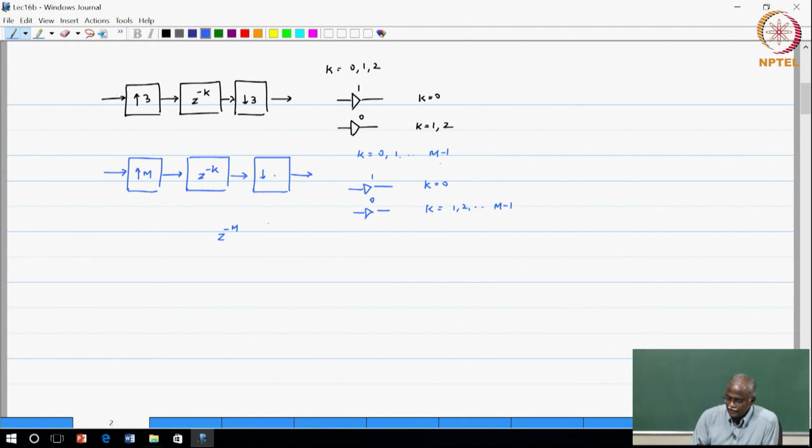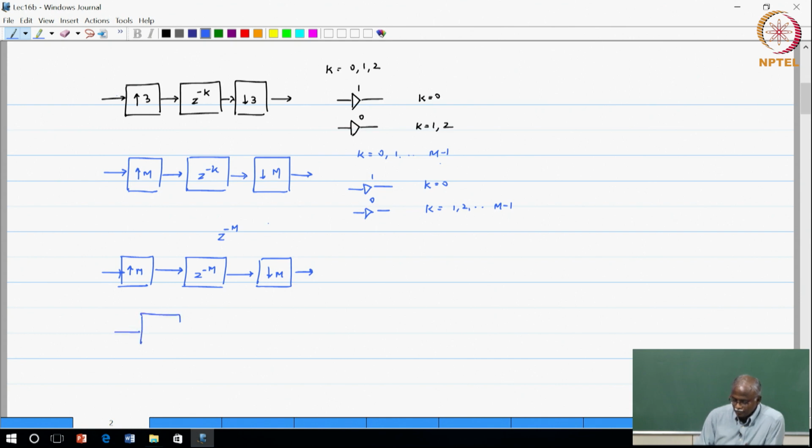So if you had z power minus m, upsampling by a factor of m, downsampling by a factor of m, in that case what we get is z power minus 1 as the delayed element.